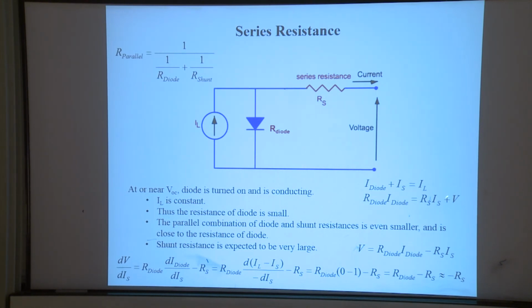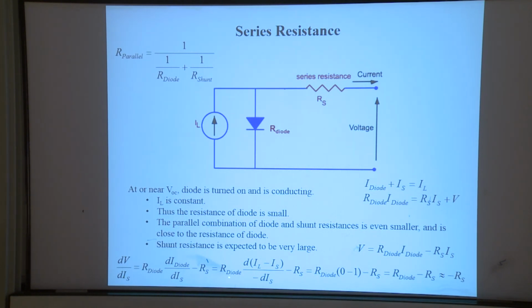So using this equation, we will be able to get dV by dI_S. I_S is actually I, the output current. We can get V from this equation and do the derivation.